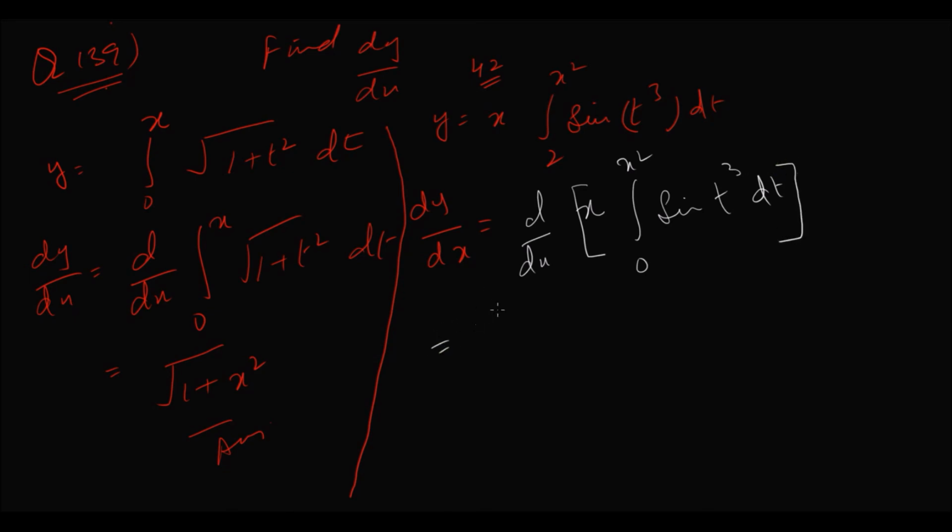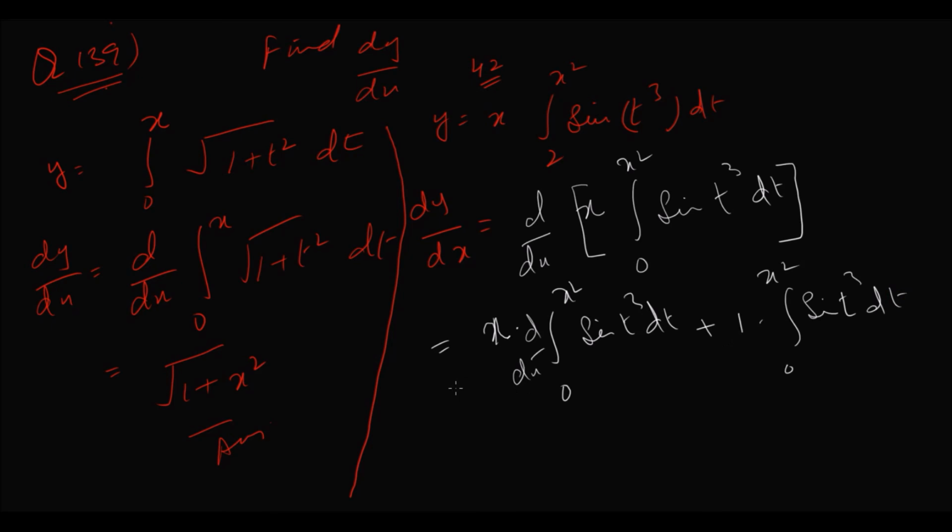And this is equal to the derivative of x into the integral as it is, that is 1 into the integral from 0 to x square of sine t cube dt, plus x as it is, and the derivative of the integral.